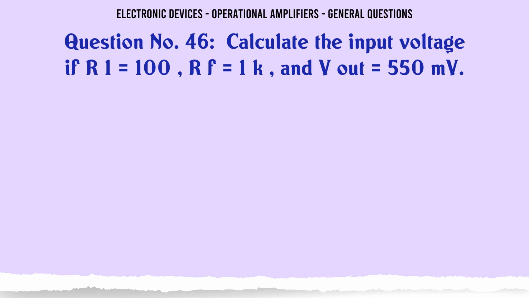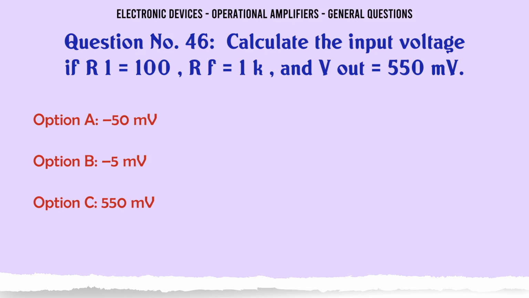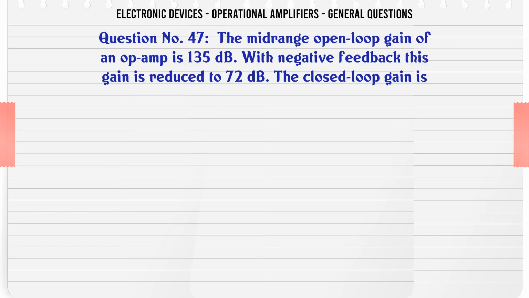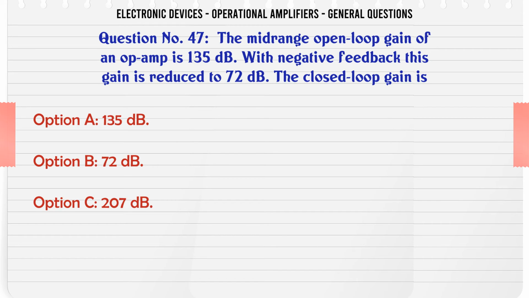Calculate the input voltage if R1 is 100, RF is 1K and Vout is -550 mV. A. 50 mV. B. 5 mV. C. 550 mV. D. -50 mV. The correct answer is 50 mV. The mid-range open-loop gain of an op-amp is 135 dB.